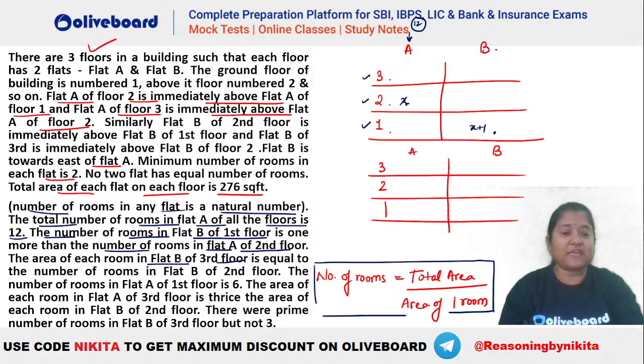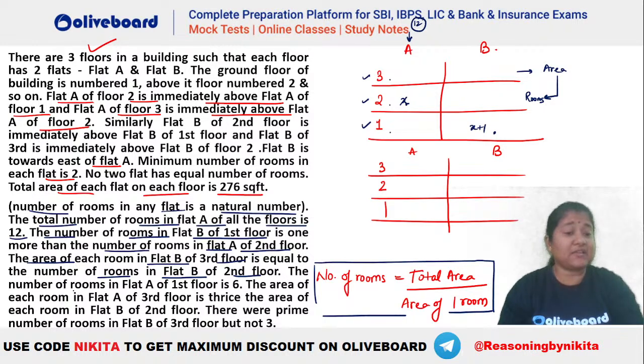So whatever is this area here, it has to be the same as the number of rooms in here, isn't it? You can see the area of each room in flat B of third floor is equal to the number of rooms in flat B of second floor.